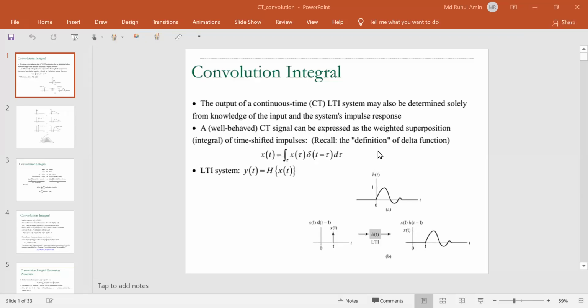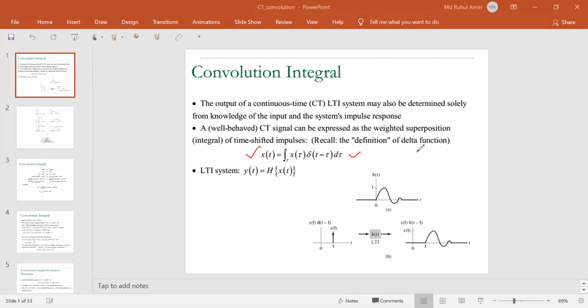Okay, then this is your convolution integral. It is there in your book. Now you can easily see that, in our first few classes, when we expressed our signal with the impulse function, we showed that any signal x(t) can be expressed as a weighted integral of this form.